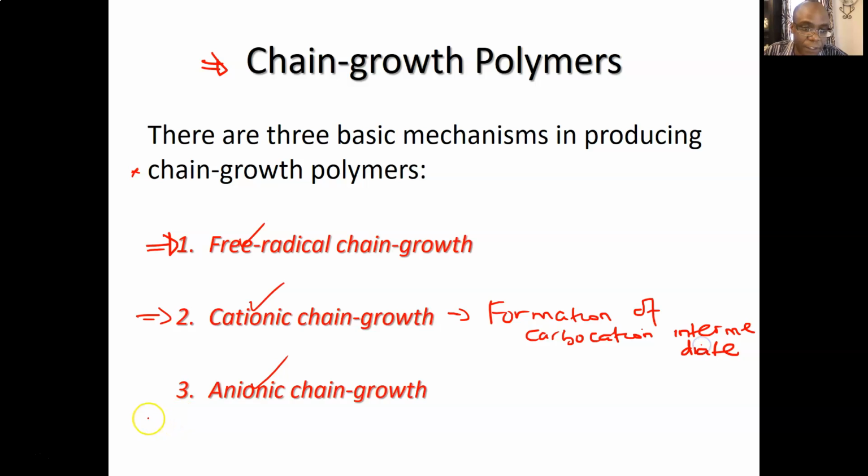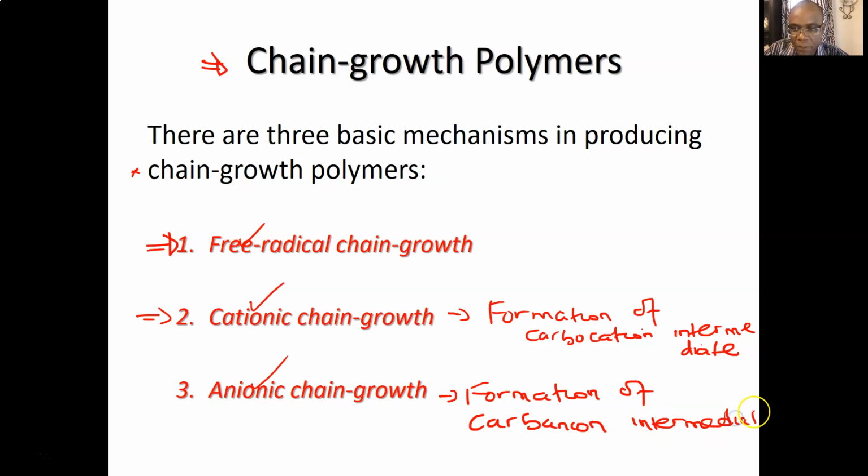Here you have to go through formation of carbanion intermediate. Now, for those who've forgotten, carbocation is where you have a positive charge on a carbon. Carbanion is where you have a negative charge on a carbon.